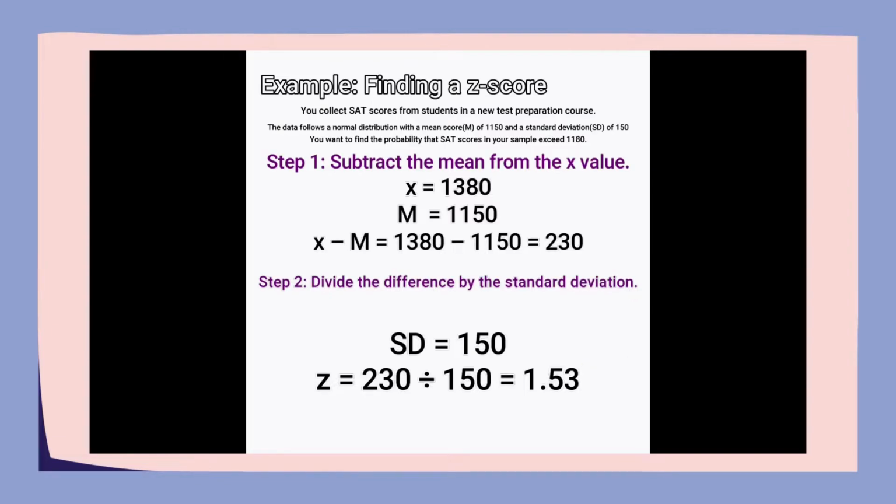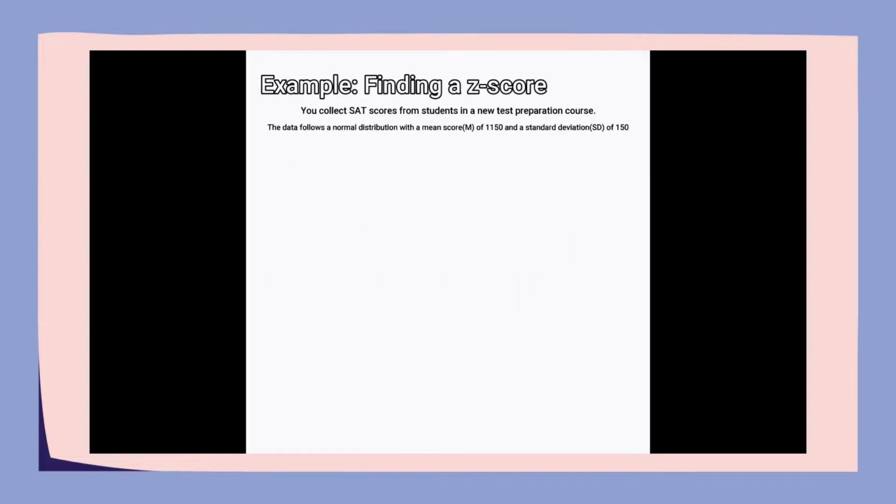So, nakuha na natin yung sagot. The Z-score for a value of 1,380 is 1.53. That means 1,380 is 1.53 standard deviations from the mean of your distribution.